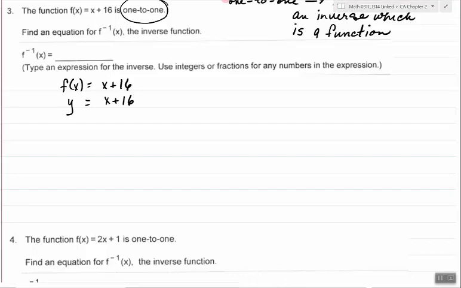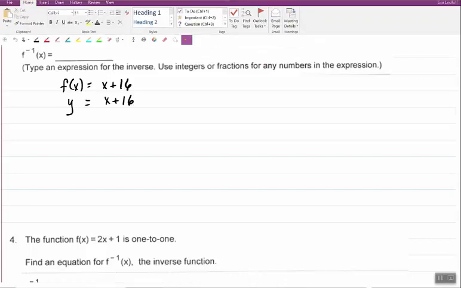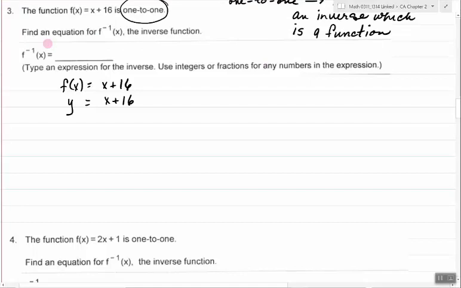So now I'm going to do the step that has me interchange the x and y. So now this is x is equal to y plus 16. I did the interchange. I'm supposed to solve for y. I'm going to make it a little easier by first just swapping sides. Then I'll subtract 16 from both sides, and I have y is equal to x minus 16.